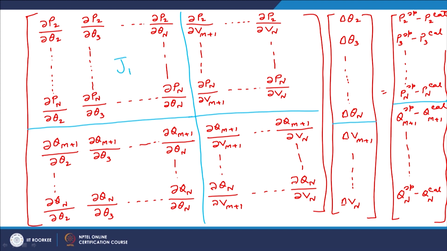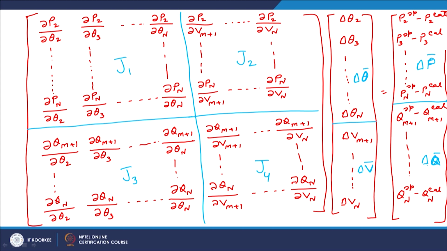So, this is the matrix J1, we call this matrix J2, this matrix J3, and this matrix J4. This is a vector, we call it the delta theta vector. This is a vector, we call it the delta V vector. This vector we call the delta P vector, and this vector we call the delta Q vector.